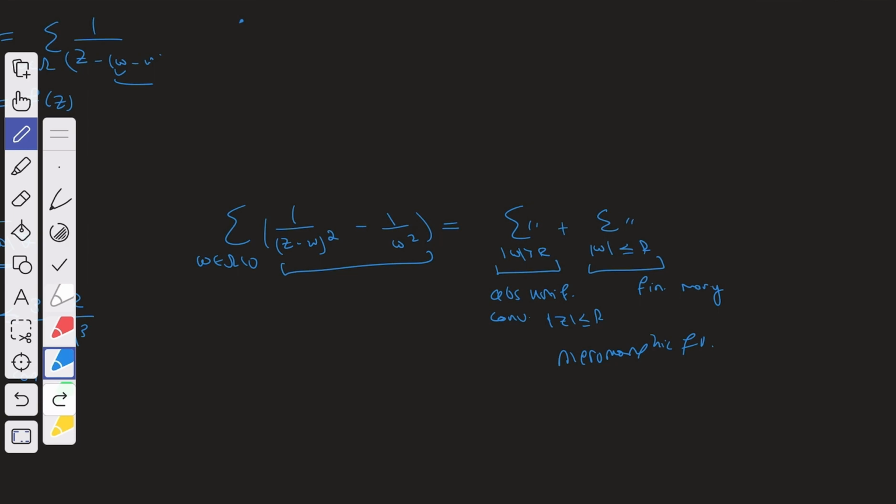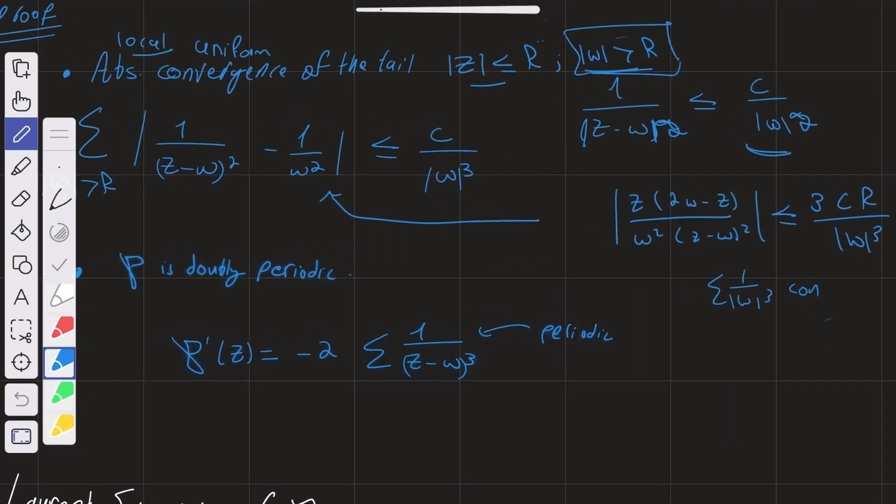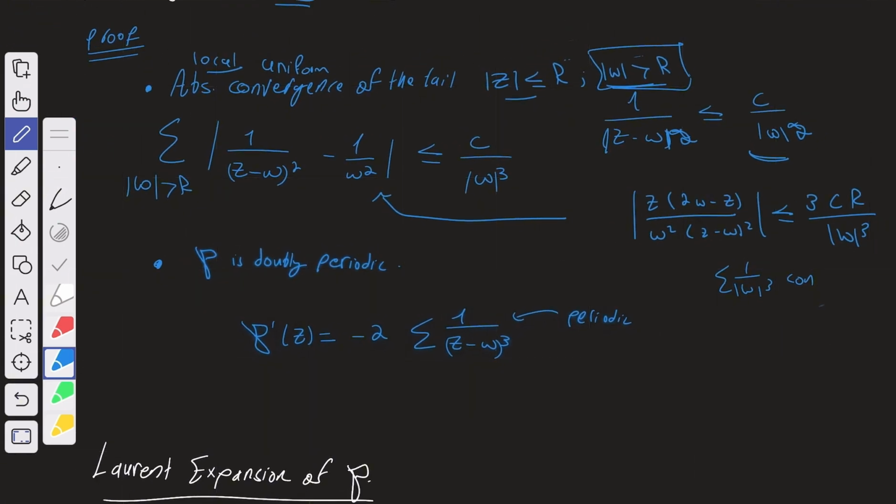So it's possible to do a quick rearrangement of the series and prove periodicity now, but we do a slightly different thing. So let us go back to the proof. So far we proved that the function we have is meromorphic and locally absolutely convergent. We now have to prove that it's periodic to wrap up the proof that it's elliptic.